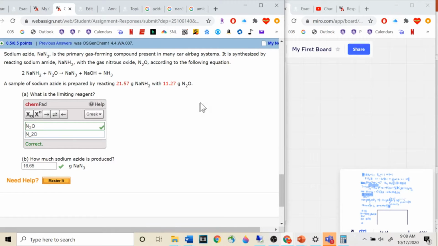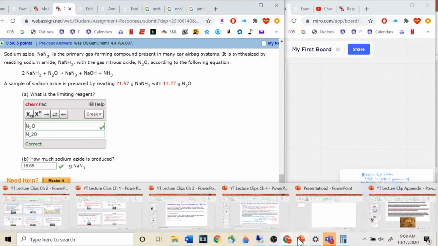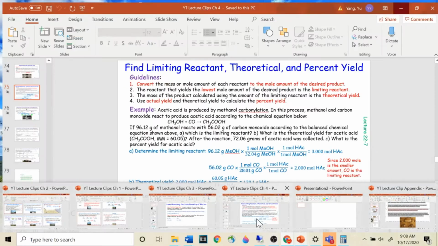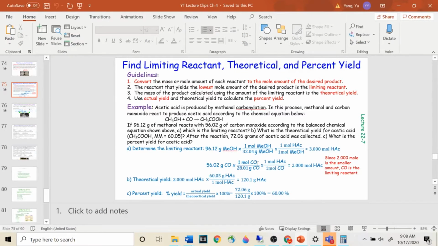In order to solve this problem, let's recall what we already learned previously in lecture 22. The guidelines for solving such a problem related with the limiting reactant, theoretical, and percent yield are given in lecture 22, slide number 7.